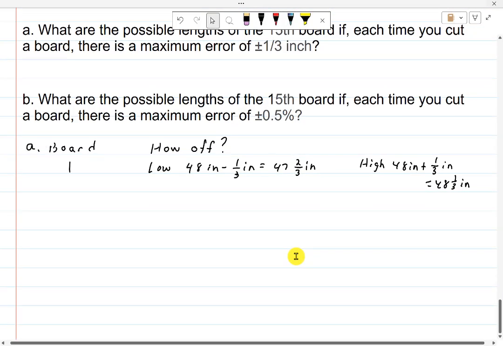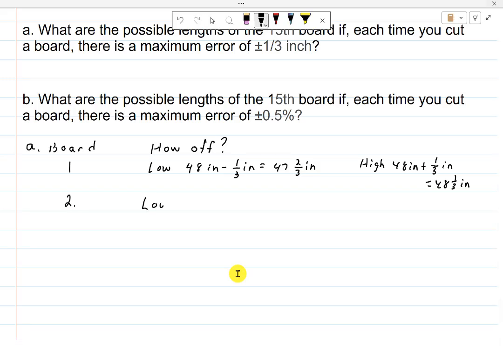Now look at board number 2. So my low is going to be 1/3 of an inch less than the one before that, because remember, I'm using board number 1 to get board number 2. And that is still subject to a plus or minus 1/3 of an inch error. So my low, I'll shave off another 1/3 of an inch.